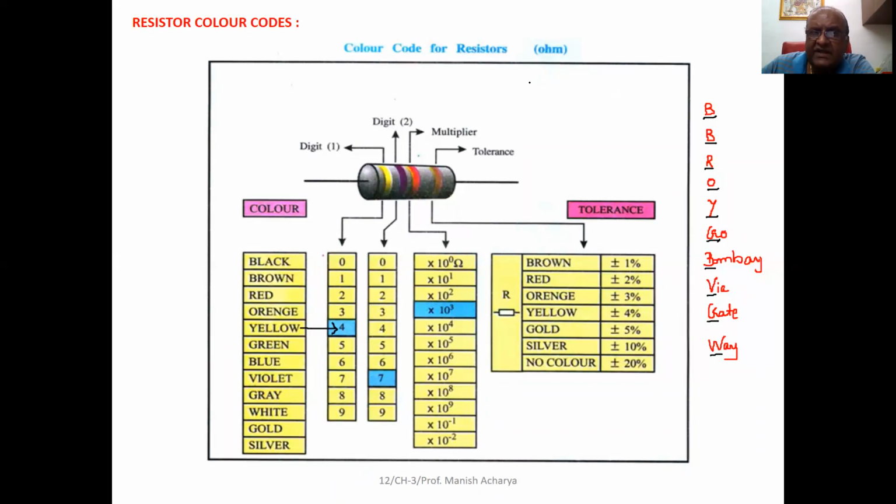So we write first 4, that is the tens value of the two-digit figure.